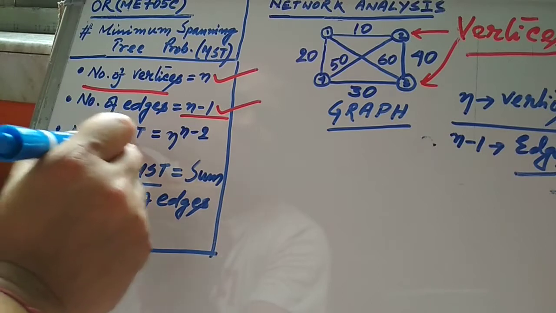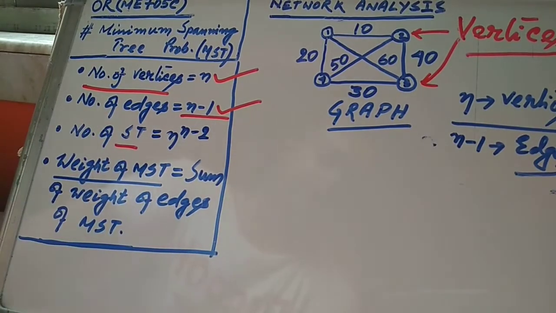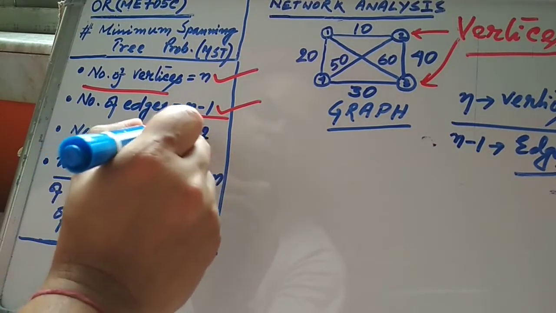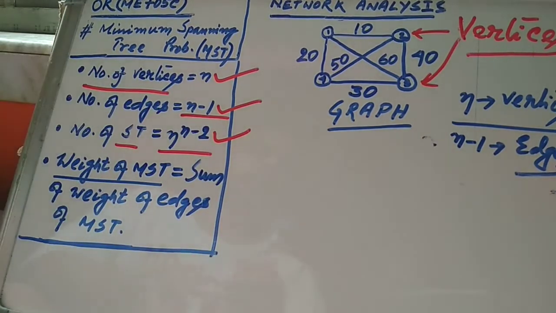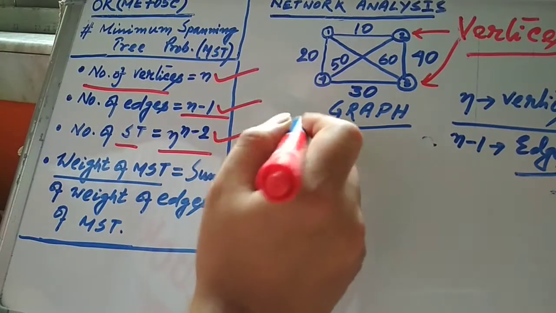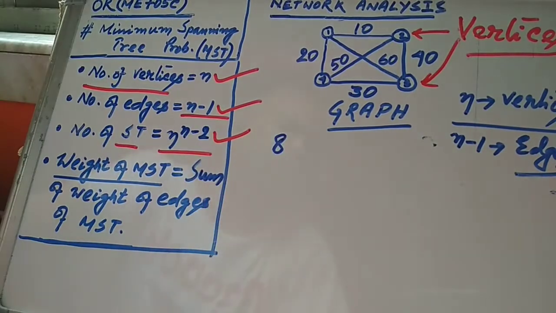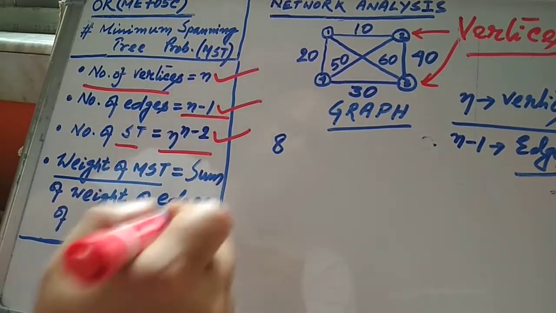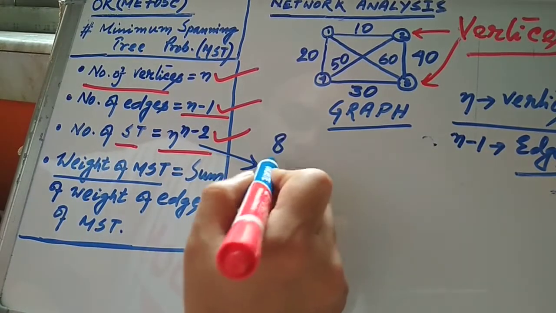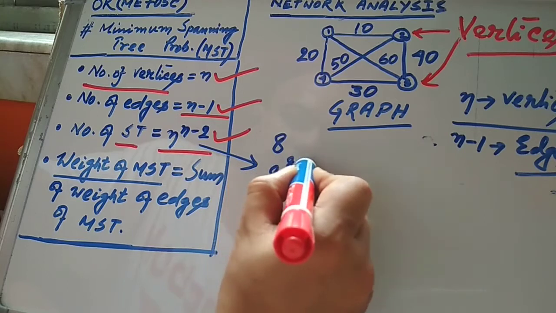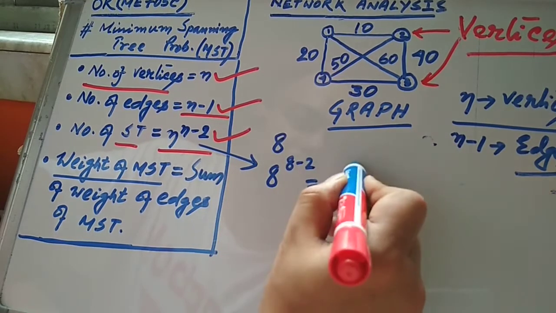Now, number of spanning trees. How to calculate? There is a formula given over here, n to the power n minus 2. That is the formula for calculation of the number of spanning trees. Say you have 8 vertices. Then the number of spanning trees coming out from these 8 vertices is given by the formula 8 to the power 8 minus 2, which gives you 8 to the power 6.